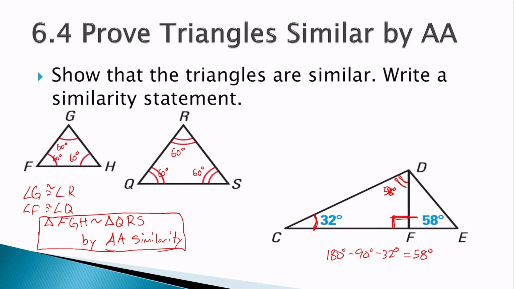And this would also be a right angle, because perpendicular lines form right angles. So that tells me that angle CDF is congruent to angle E, because they're both 58. And angle CFD is congruent to angle EFD, because they're both right angles.